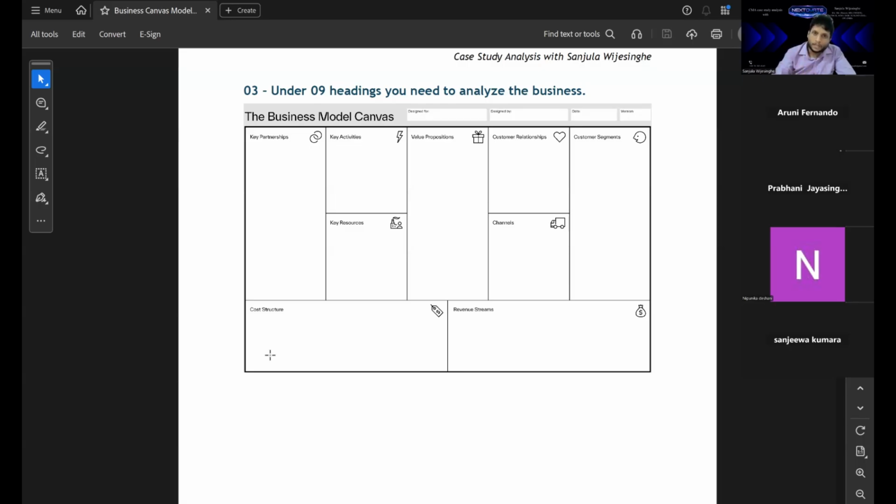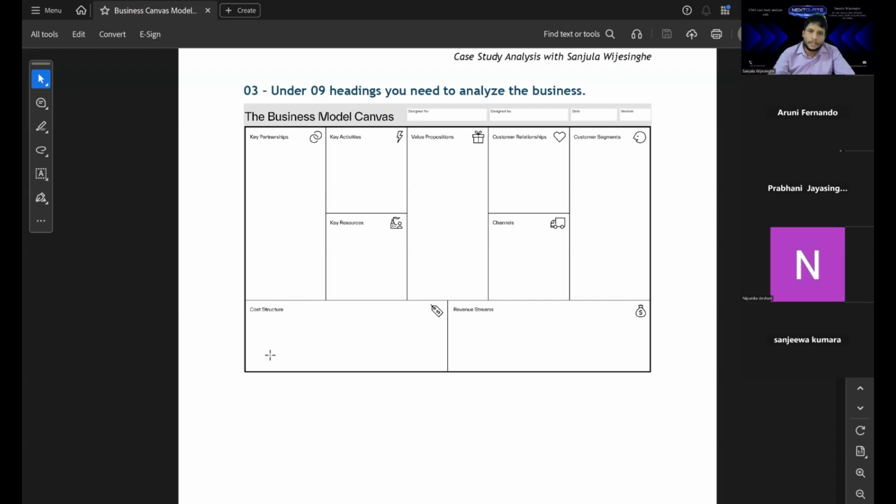After that you are identifying issues and risk management, that means the risks that the business is currently facing. After that you need to redesign the business model. That means whatever improvement you should make on this particular business canvas model. That is what you are going to do under this business canvas model.